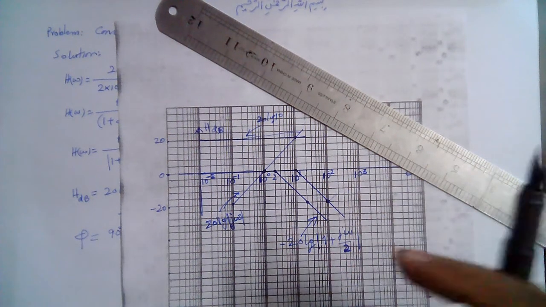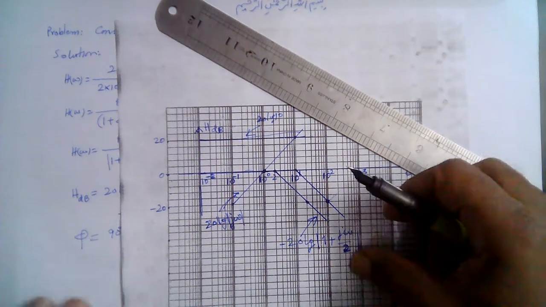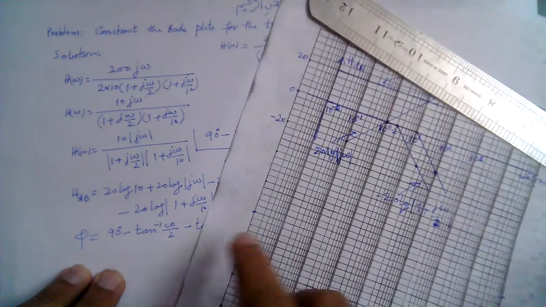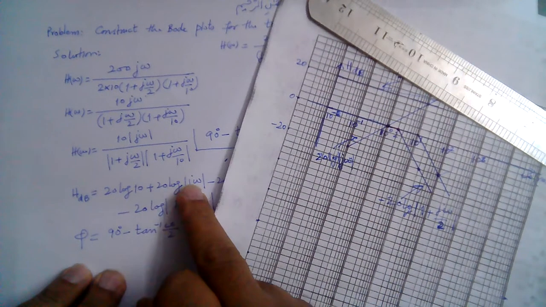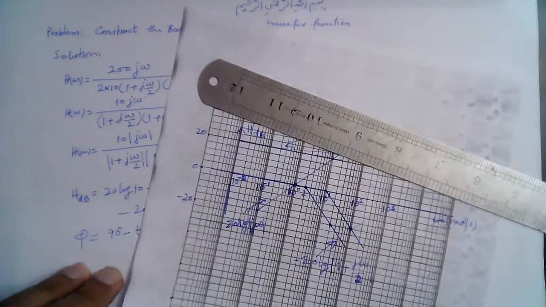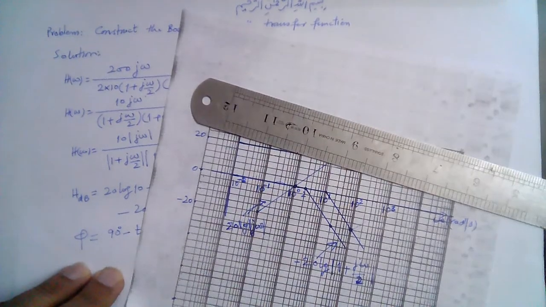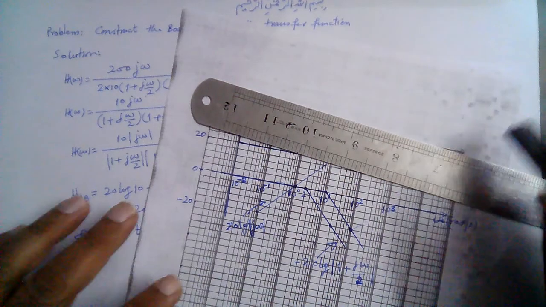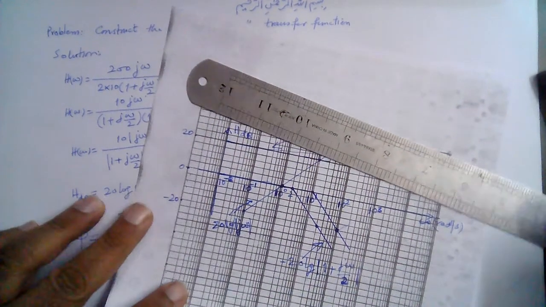We need to sum them all together. You see here they are all additions or subtractions, and this gives us the H in dB. So we need to sum them all together to find the composite plot, the resultant plot.